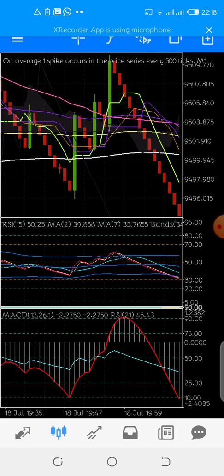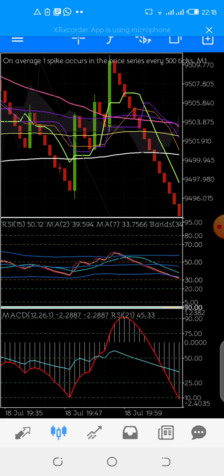We were not on a very strong market, but check here, our Bollinger Bands: the lower Bollinger Band was not touching 30, and the upper Bollinger Band is not touching 70.